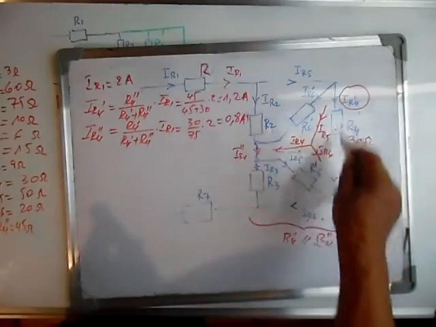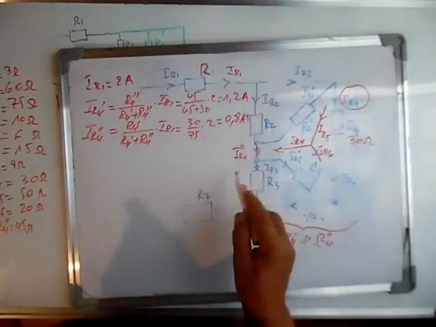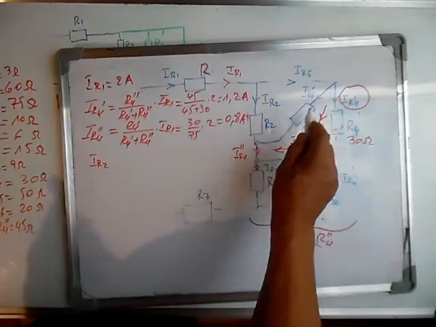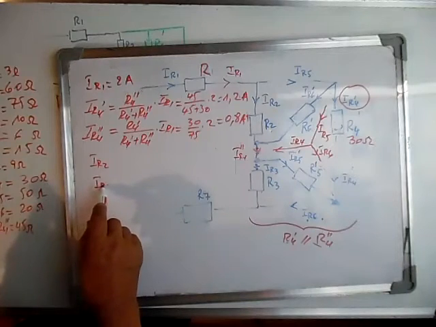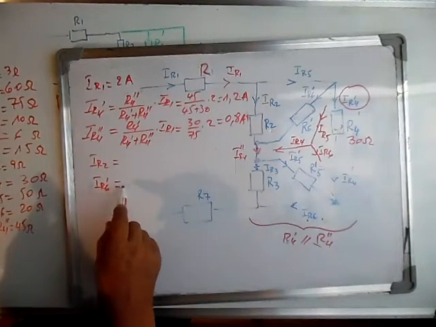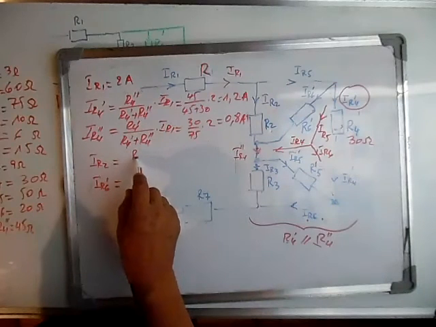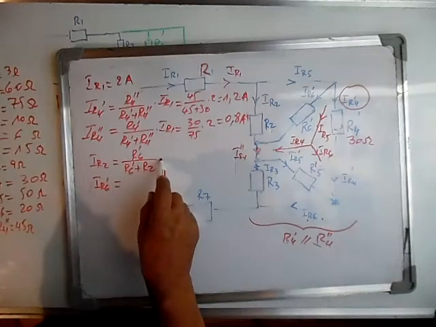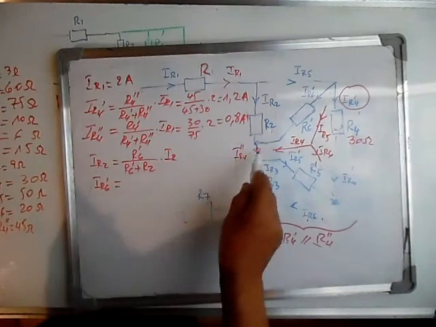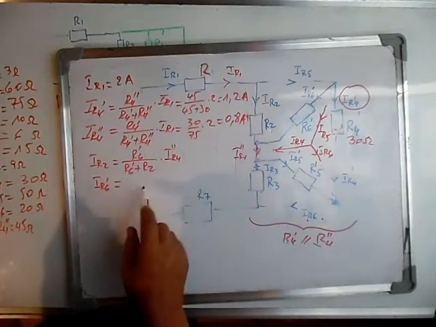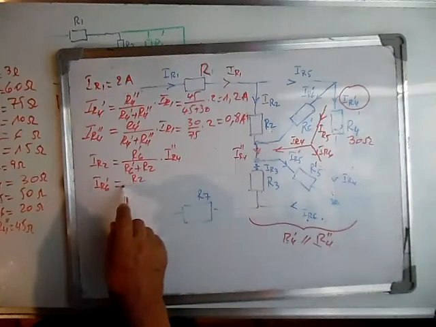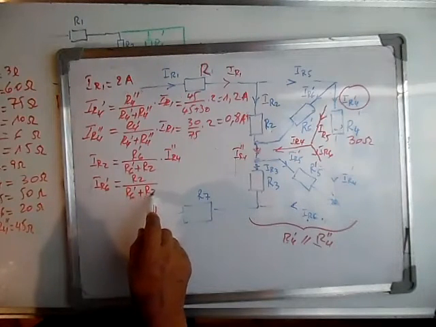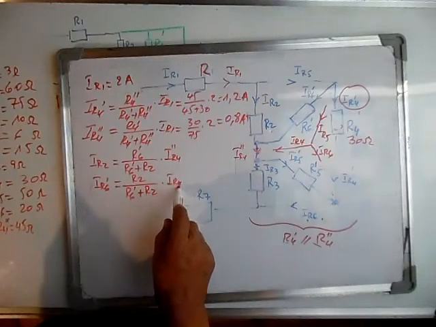So we calculated this current and the main current, but we can calculate IR2 and IR6 prime using current divider. This one is R6 prime over R6 prime plus R2 times IR4 second. Here it's R2 divided by R6 prime plus R2 times IR4 second.